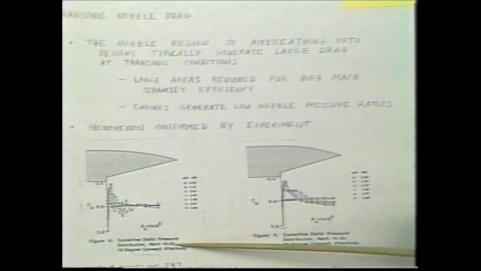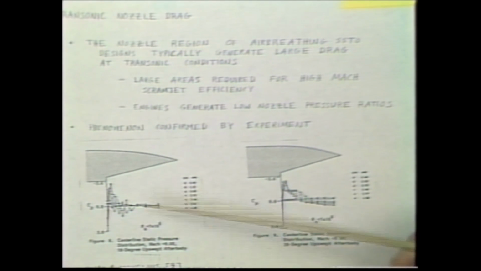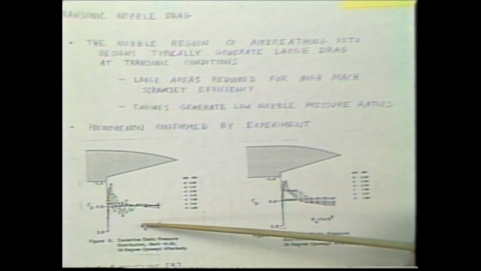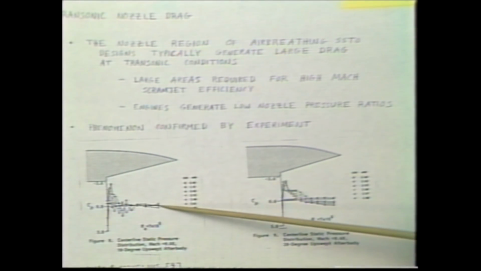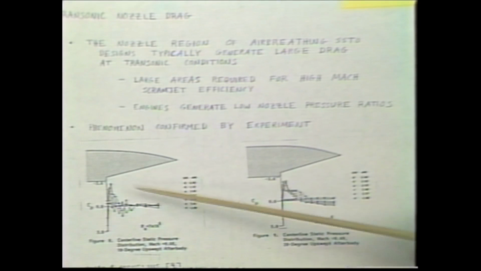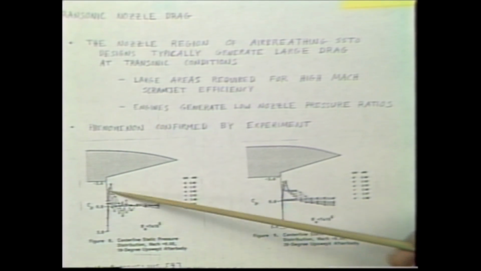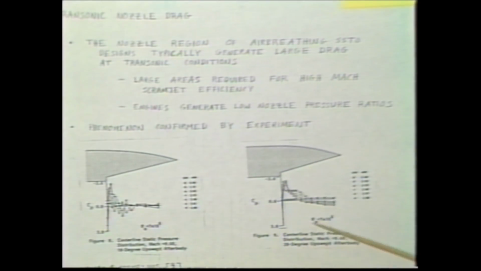This is really subsonic, but it's perhaps the beginning of transonic, and the phenomena is the same at Mach 1 or 1.2. As you can see, there are large regions of negative pressure coefficient, which contribute to drag.